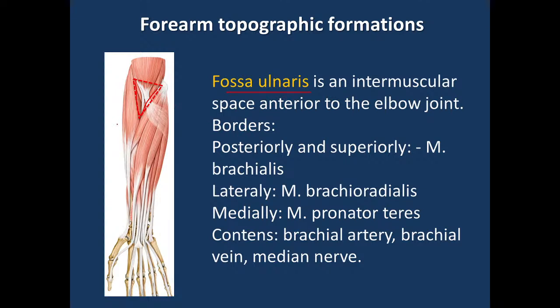This is the intermuscular space between two muscles of the forearm, brachioradialis and pronator teres, and it also contains some of the nerves, especially the median nerve, and the brachial artery and vein.